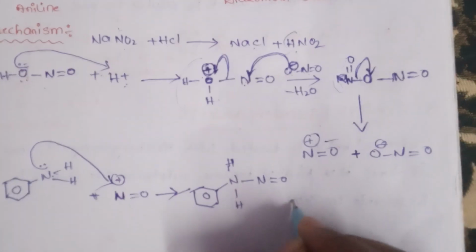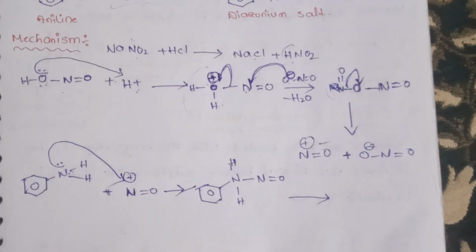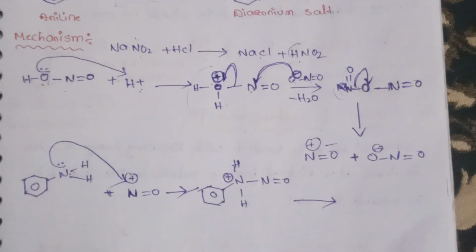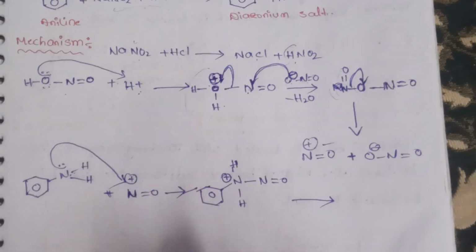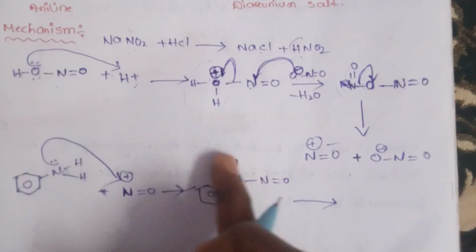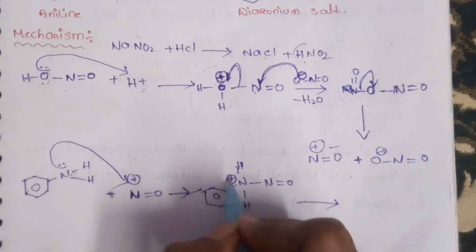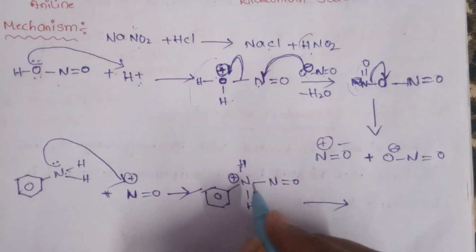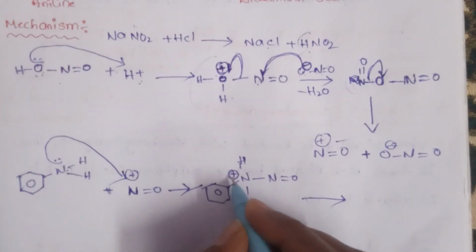So next, what happened here, nitrogen got a positive charge. So now you have to break the bond between nitrogen and hydrogen. Why? You have to nullify the positive charge. Nitrogen has a positive charge, you have to break that bond and nullify that positive charge.